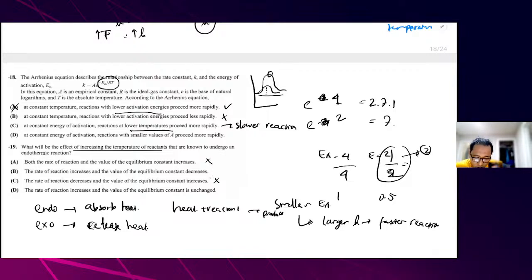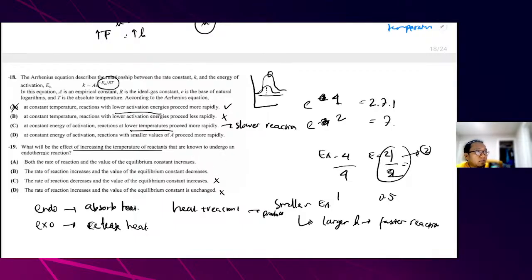And then the value of equilibrium constant is unchanged. This is not correct. Put the rate of reaction and the value of equilibrium constant increases.